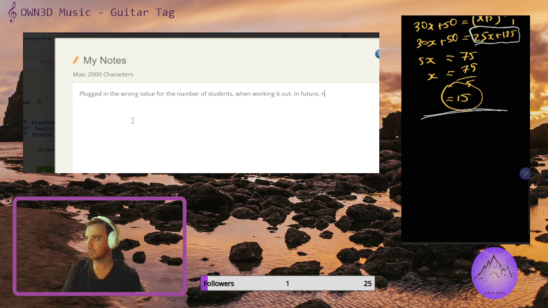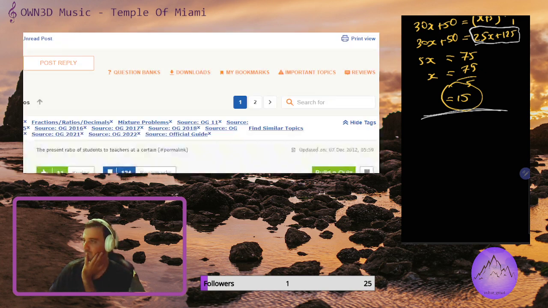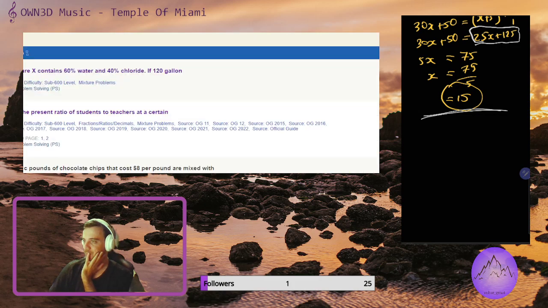In future, need to make sure I am consistent with which ratio I'm using in the equation. Yeah, I tried to use values from one equation and plug them into another one, and it didn't lead to anything that made sense. But hey, live and learn.